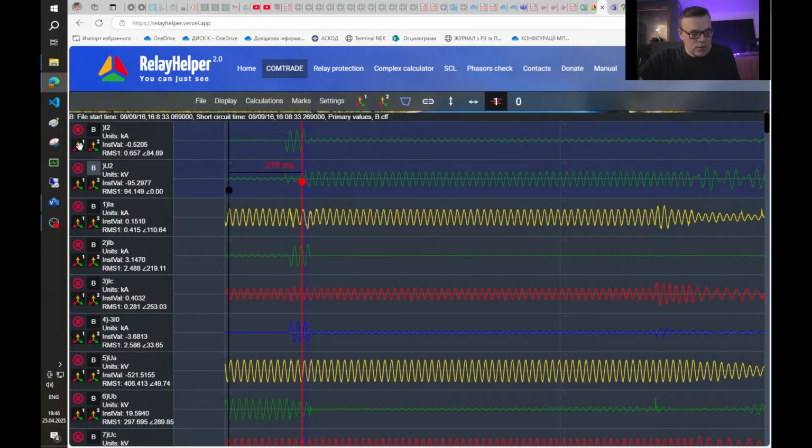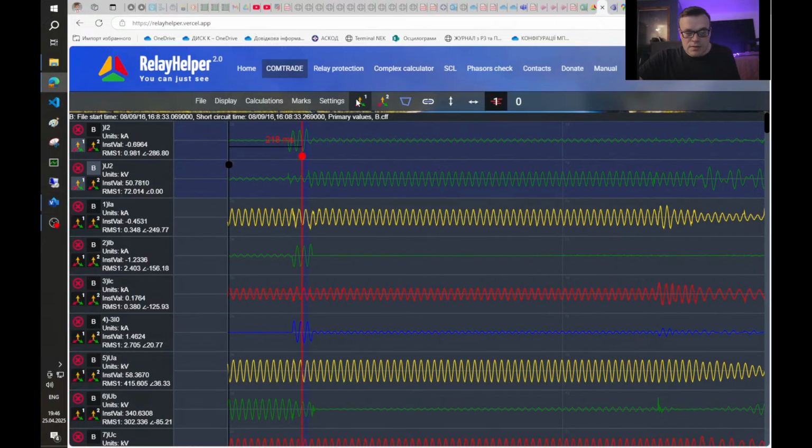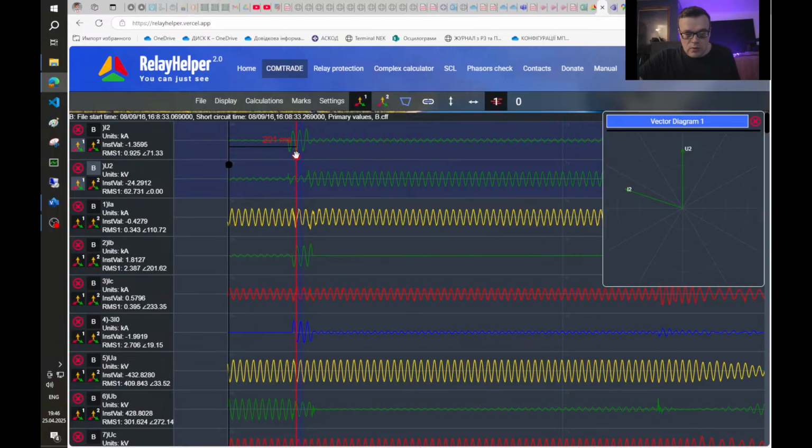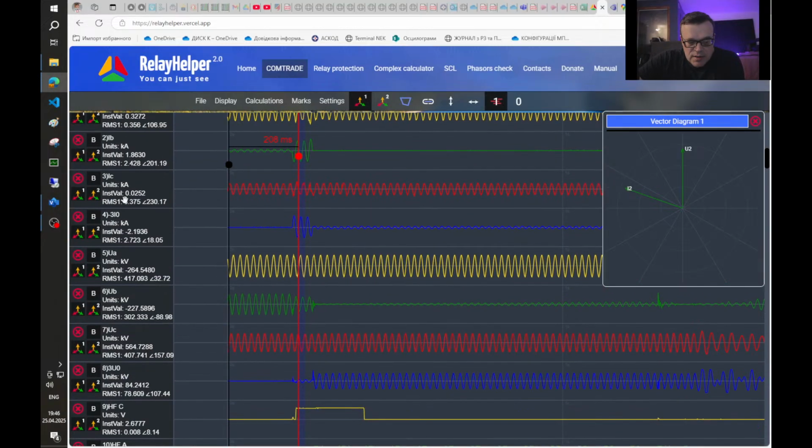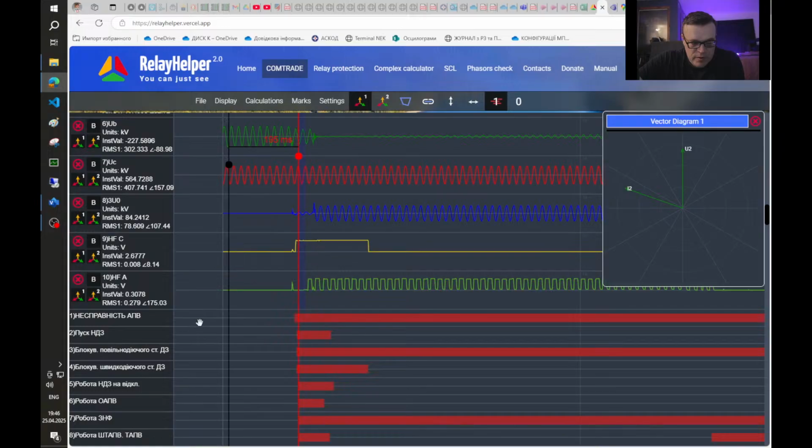Let's make voltage the base channel and add it, so we see the same picture. So from the side of substation B, the protection also sees the short circuit on the protected object, and it trips from both sides.